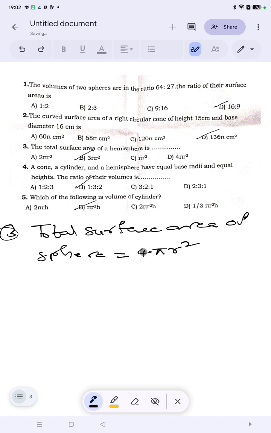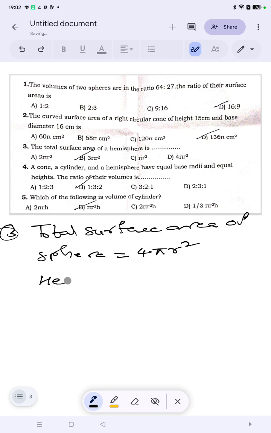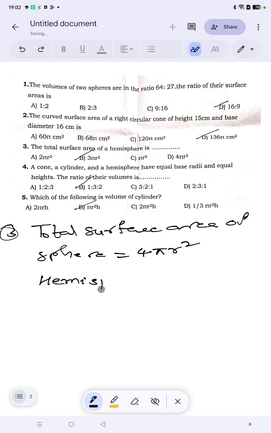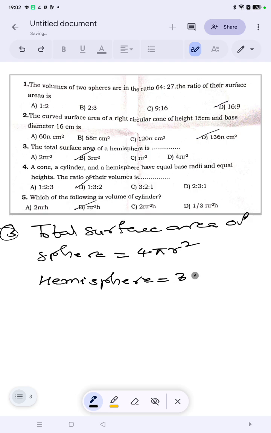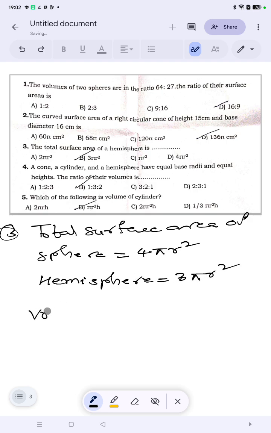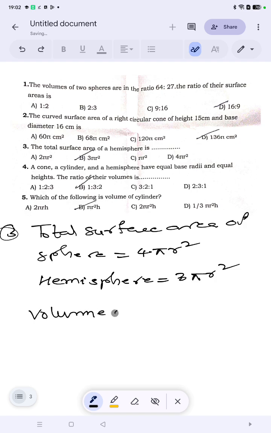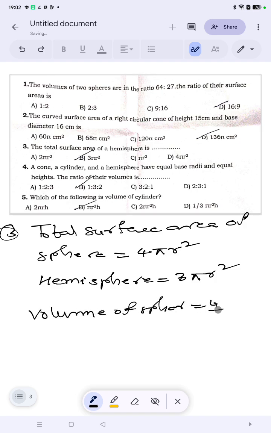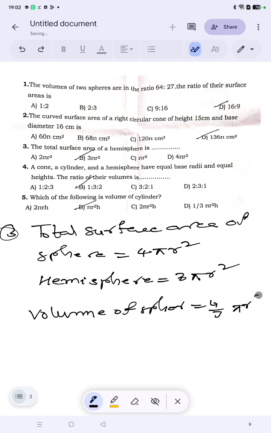If it asks for a hemisphere, that is 3 pi r square. Okay, the volume of a sphere is 4 by 3 pi r cube.